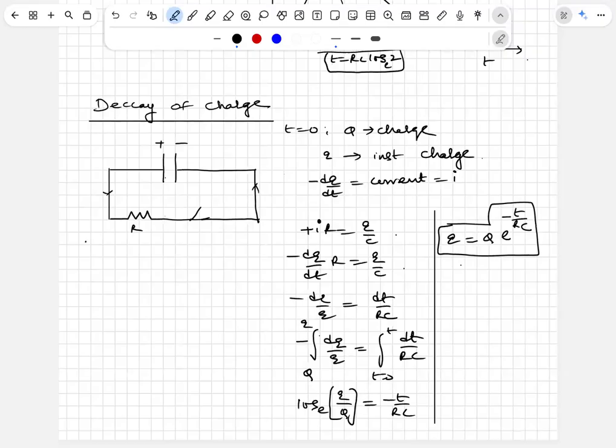Now see, very clear now, I've understood. The charge pattern is like this.